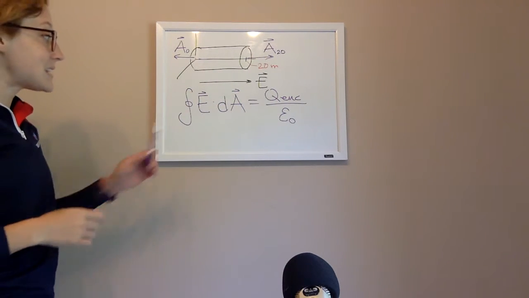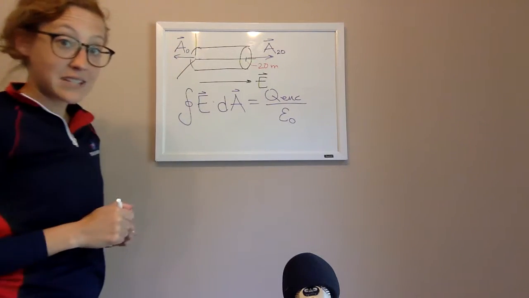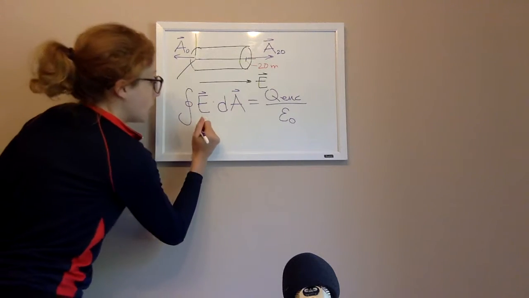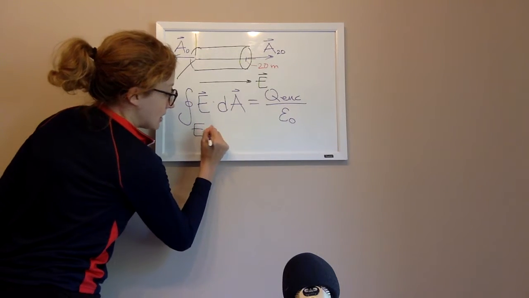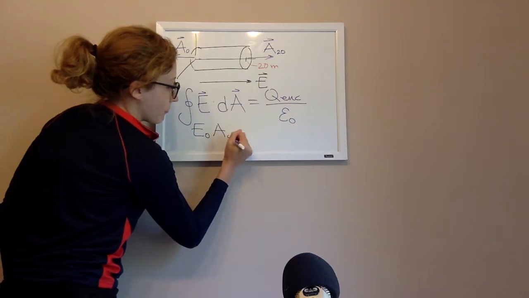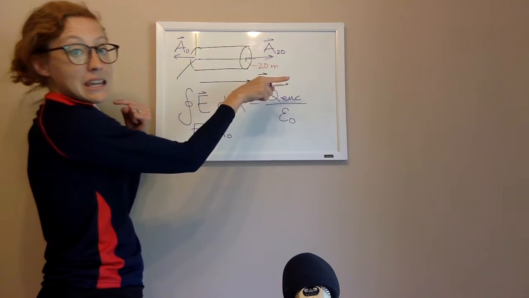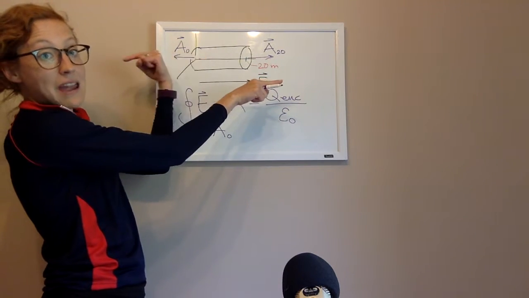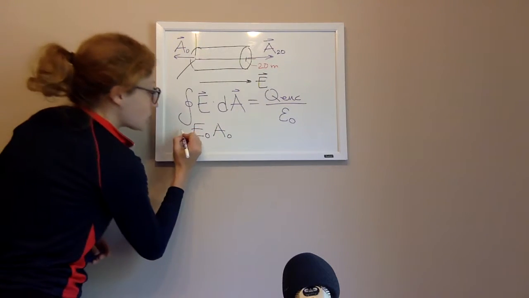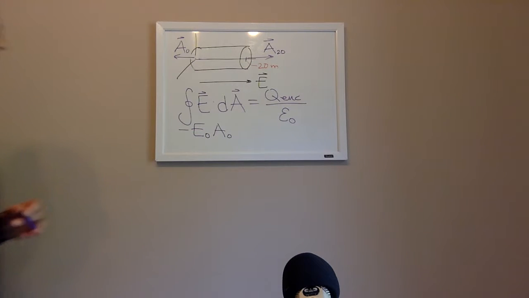Okay, so E dot dA along that left cap that's pointing away from us, what do we have? At this point, we have E0 dotted with A0, and technically there's a cosine of 180 degrees, because my E vector is pointing to the right, my A vector is pointing to the left, so the angle between them is 180 degrees, which leaves me with a negative sign on that E0 A0 term.